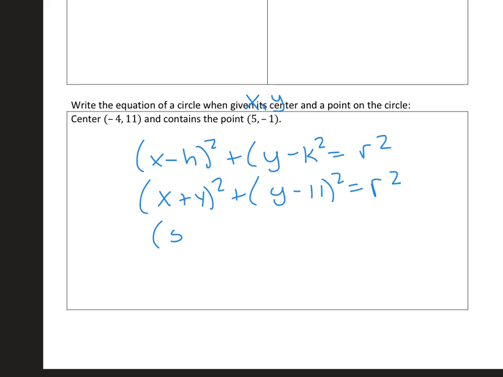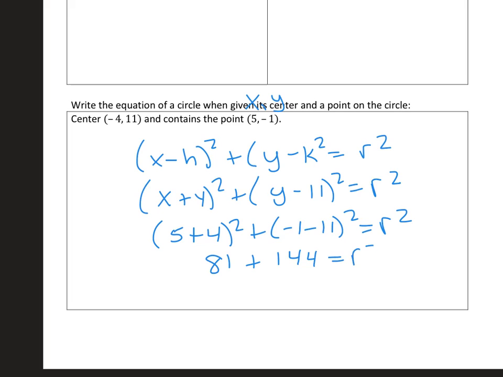So I'm going to put 5 in here, plus 4, and negative 1 equals r squared. So I've got 9 squared is 81, and negative 12 squared is positive 144. And the sum of these are 225. So our radius is going to be 15.